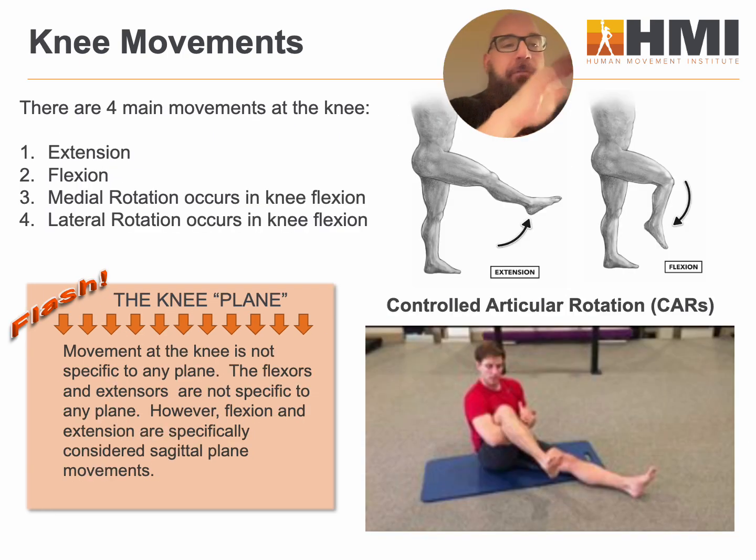Okay, we have four movements in the knee. We have flexion and extension. Those are going to be sagittal planes. So the knee, you can see there on the right-hand side, the heel coming down towards the butt eventually would be flexion. The knee straightening out is going to be extension. And then there is a little bit of rotation in the knee. If you want to play this video, you're going to see this guy.